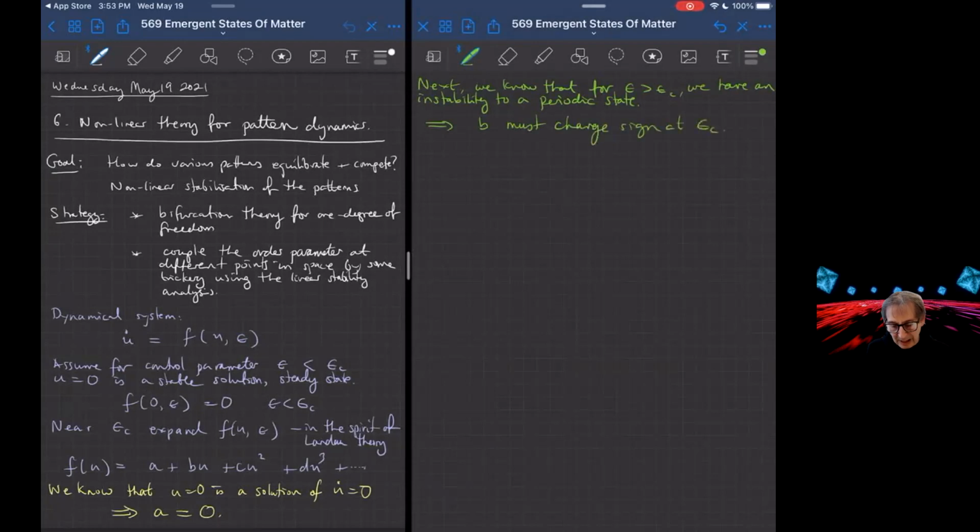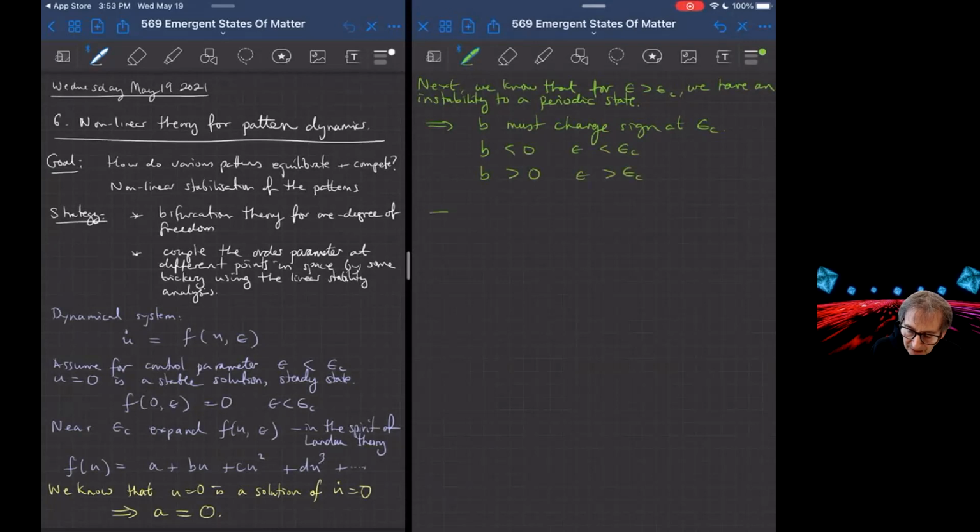And in fact, if we have the equation u dot equals bu, if epsilon is less than epsilon c, that is we have a stable state, what that means is that b must be negative. So we can say that b is definitely less than 0 when epsilon is less than epsilon c, and b is greater than 0 for epsilon greater than epsilon c.